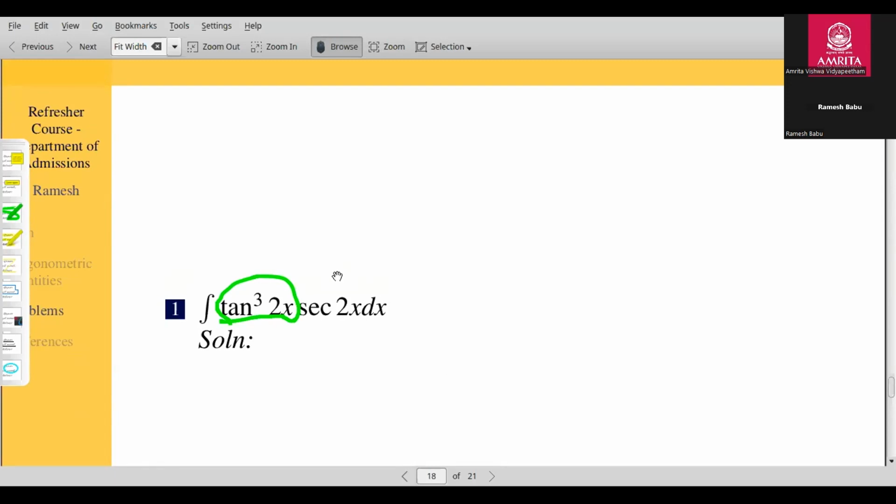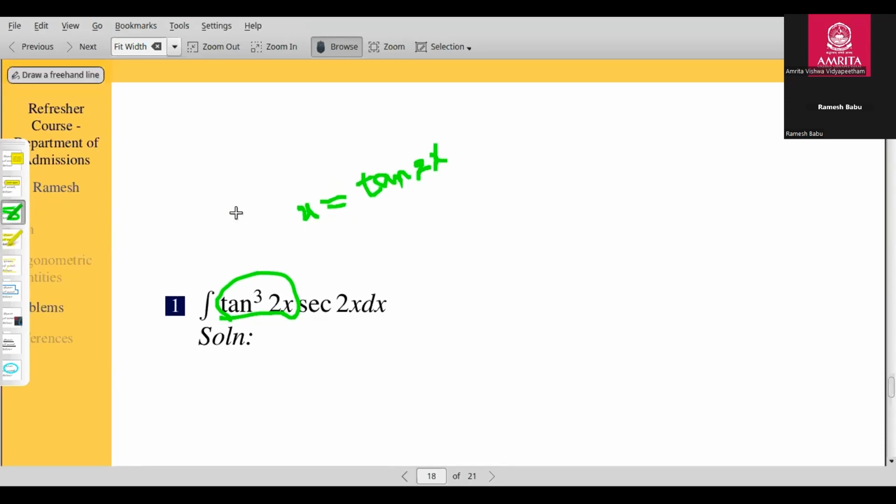And again, substituting here, I will write down the substitution: u is equal to tan 2x. So what is du?